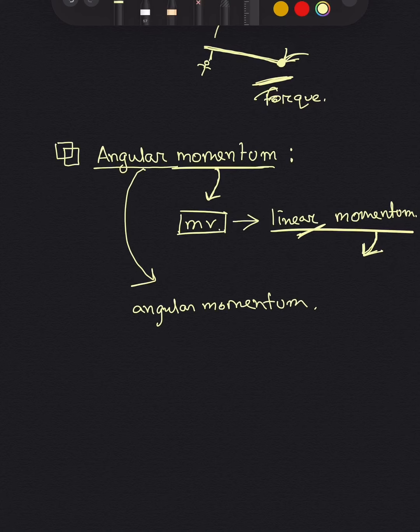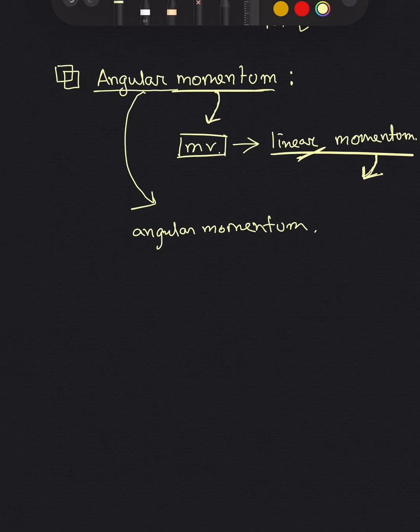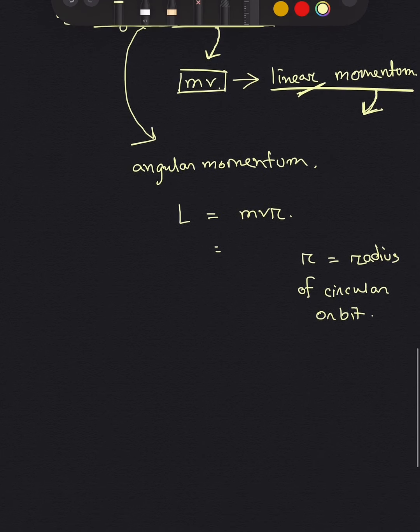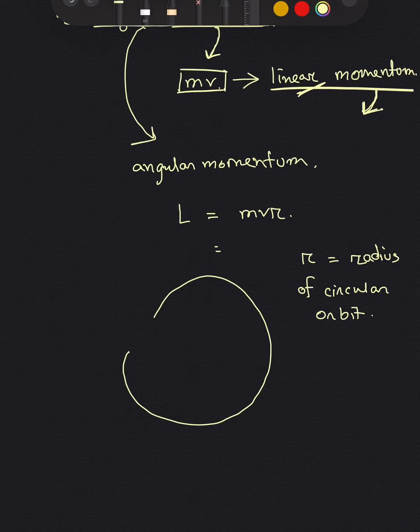The formula of angular momentum is L equals mvr. This r is the radius of the circular orbit, and the direction of angular momentum is, suppose an object is revolving, keeping the center here.